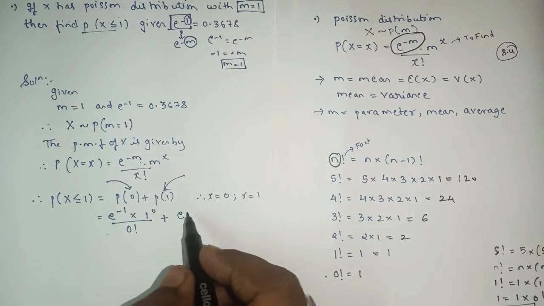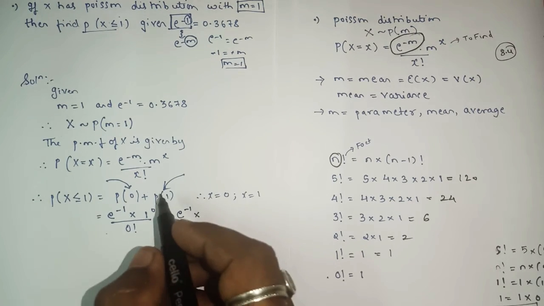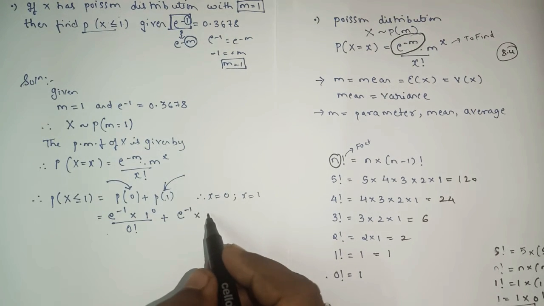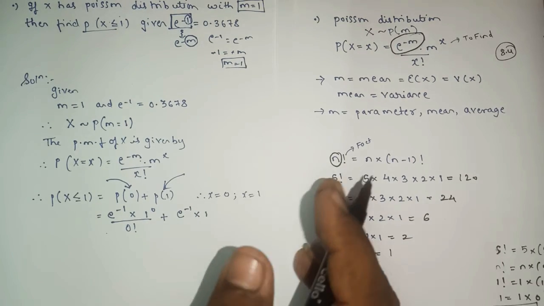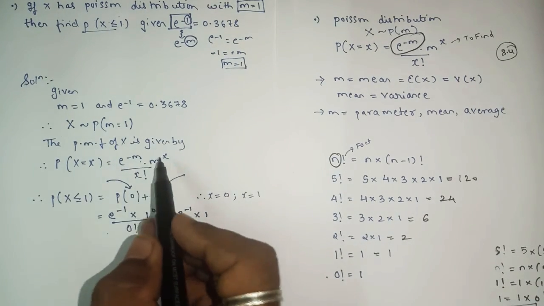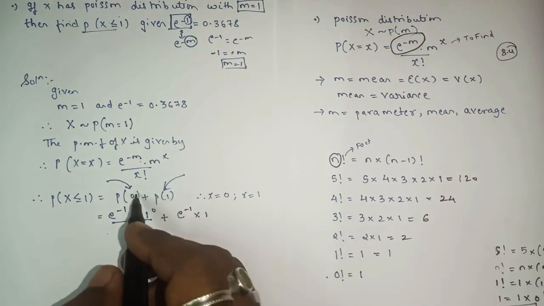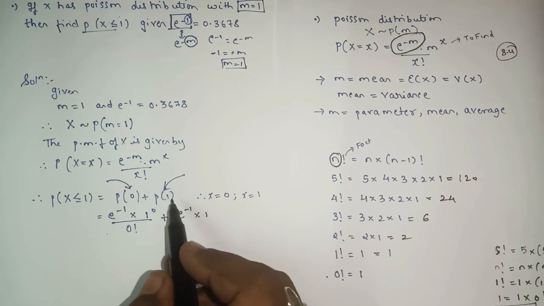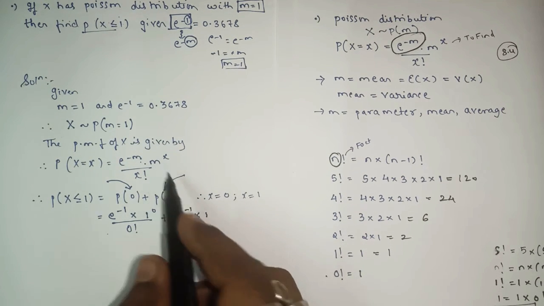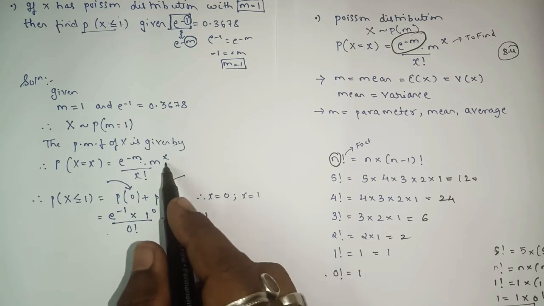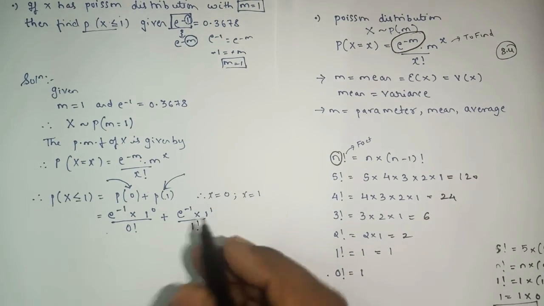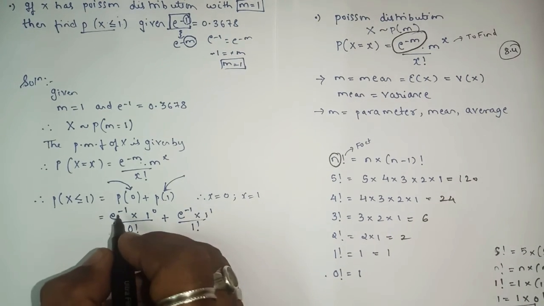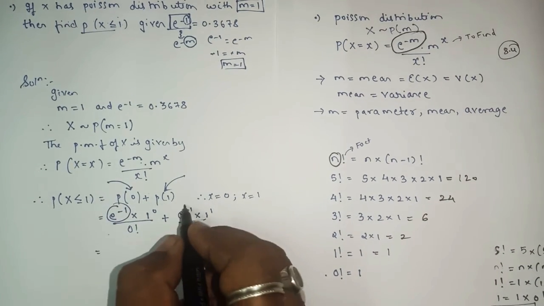So e raised to minus m, where the value of m is 1. x will be replaced by 1, and the value of m is 1. Simply what you have to do is replace the value of m and x. That's it. For the first case it will be m equals 1 and x equals 0, and for the second case the value of m will be 1 and the value of x will be 1. Now, we have the ready-made value for e raised to minus 1.